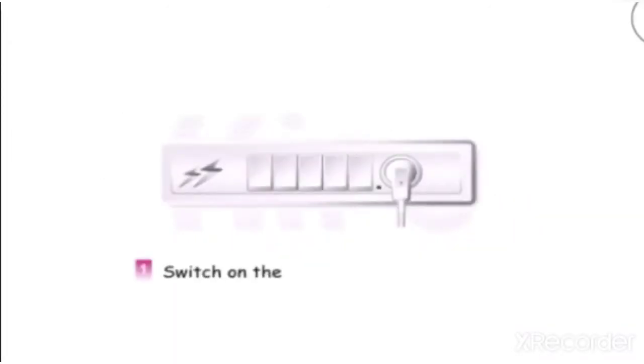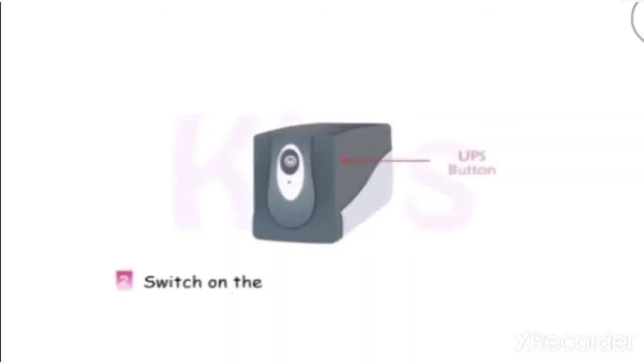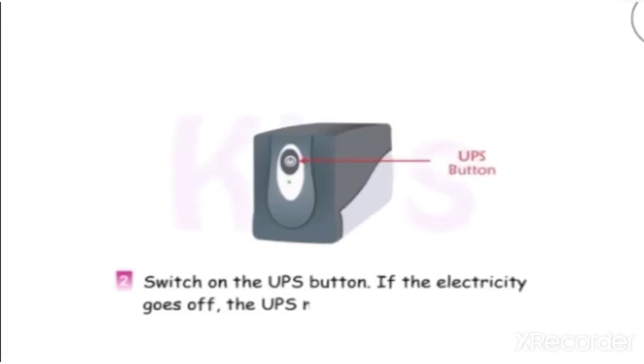Number 1, switch on the main power supply button. You can see the button, you will switch it on. Then number 2, switch on the UPS button. UPS is uninterrupted power supply. If the electricity goes off, the UPS makes the computer work.